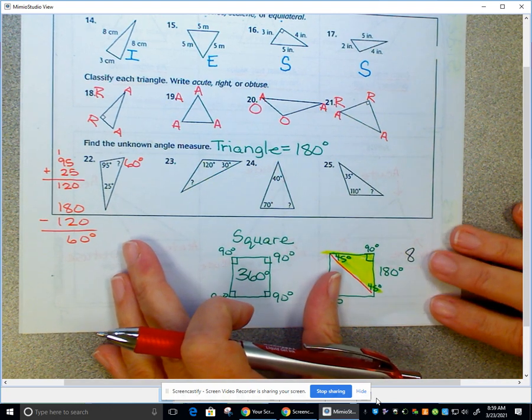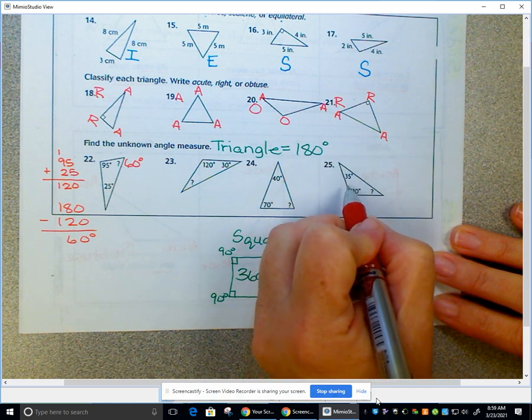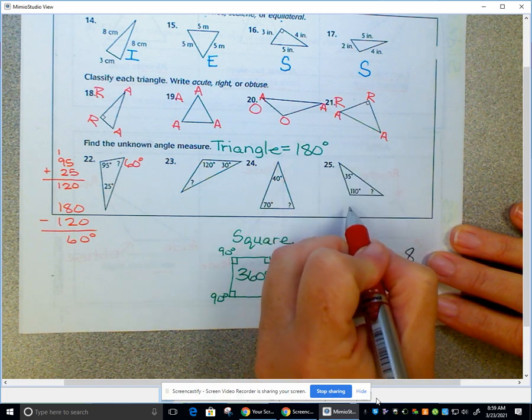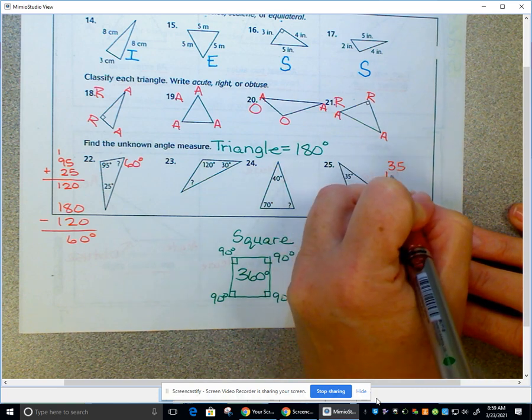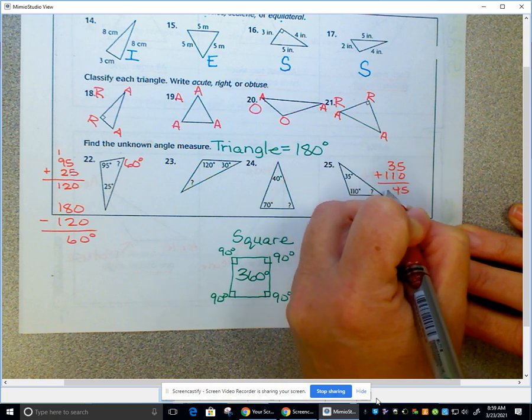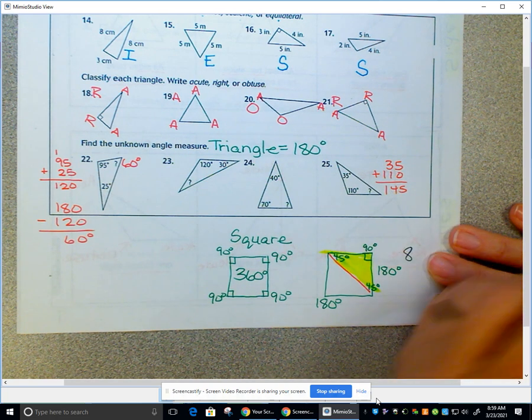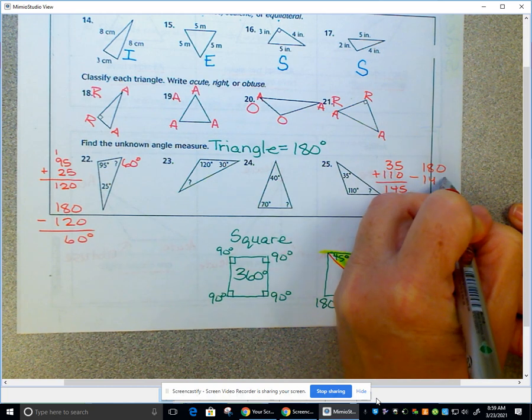Let's try one more. We'll come down and do 25. We've got 35 degrees, 110 degrees. If I add those, that's 145, right? So now I'm going to have to take 180 minus 145.